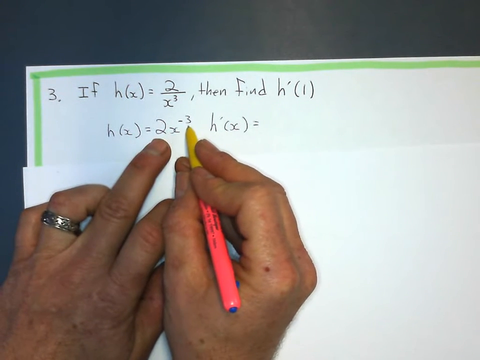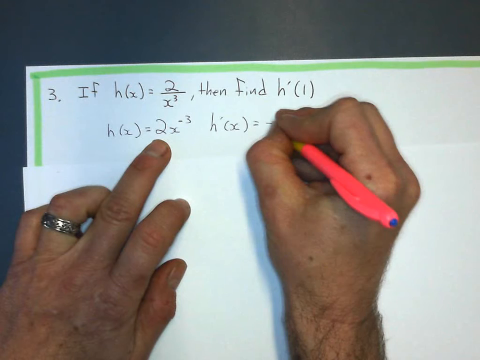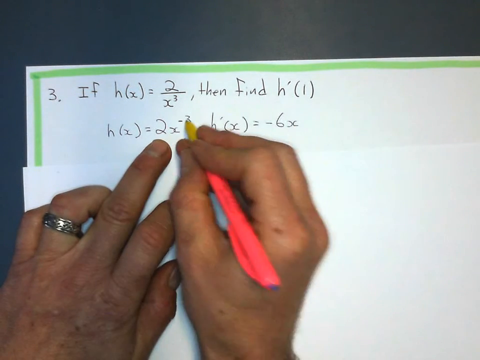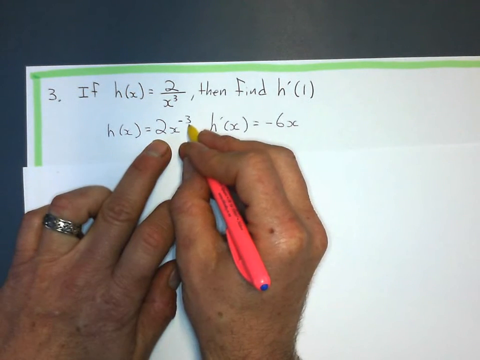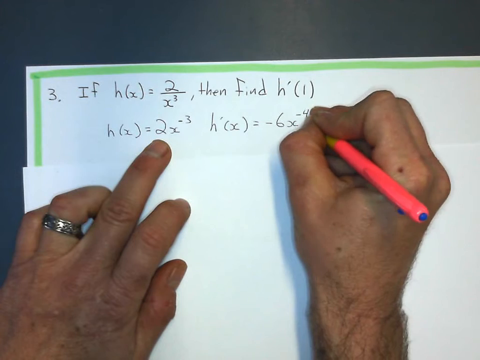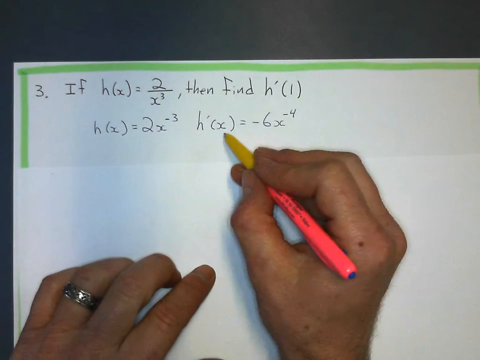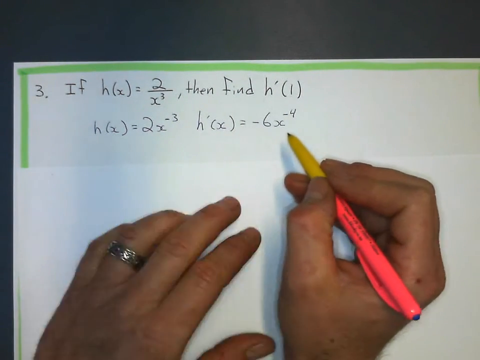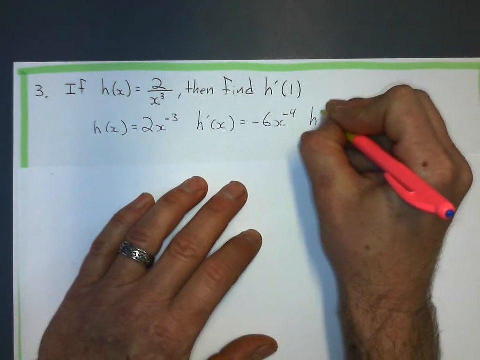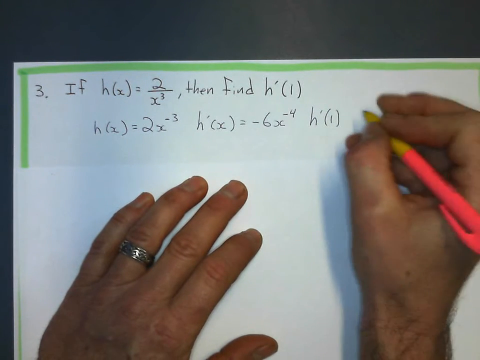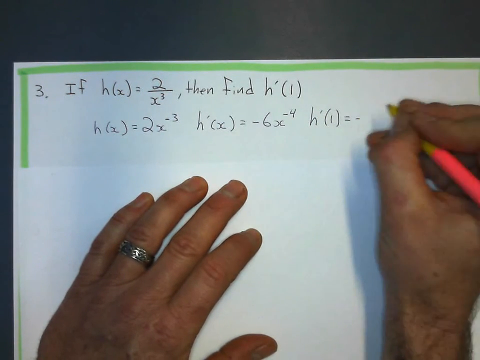Multiply the coefficient times the exponent, so that gives me negative 6x. Take 1 off the exponent. Negative 3 minus 1 gives me negative 4. And now substitute 1 into that equation, which is a pretty easy substitution.